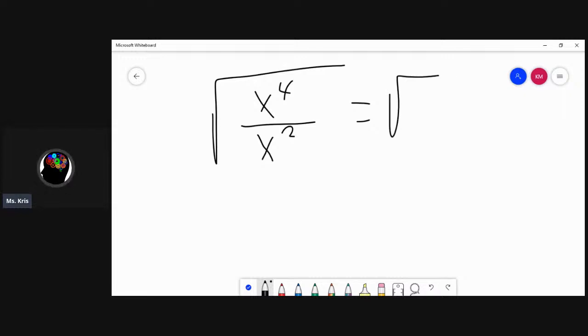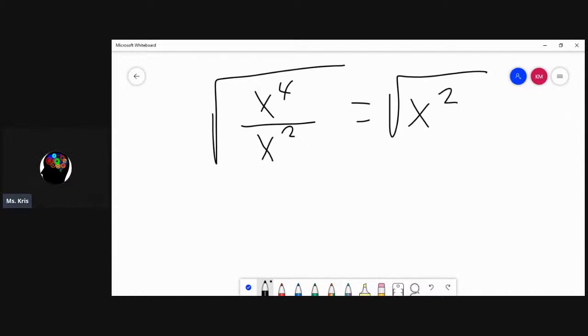If they're the same, you can subtract their exponents, which when you're dividing a variable over the same variable but different exponent, you can subtract the exponents, so the square root of x to the 4th over x to the 2nd becomes x to the 2nd.